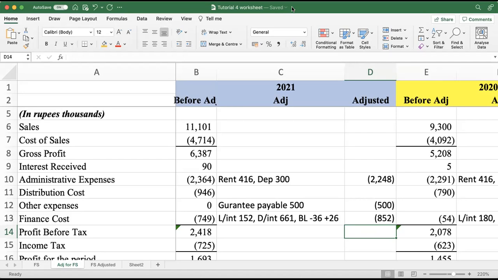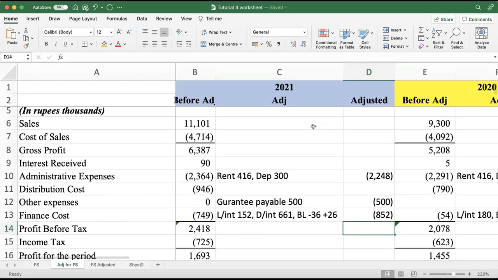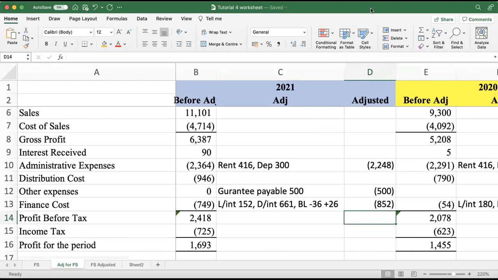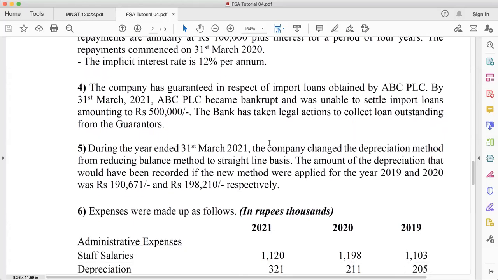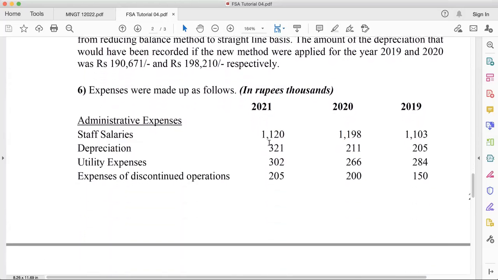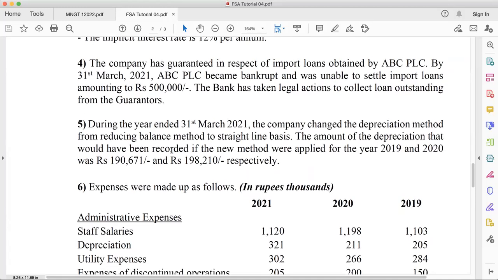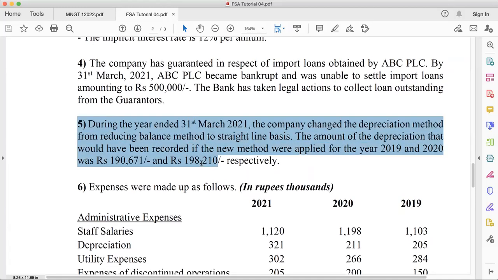So this is your loss. Right. Now we can move on to the last one.